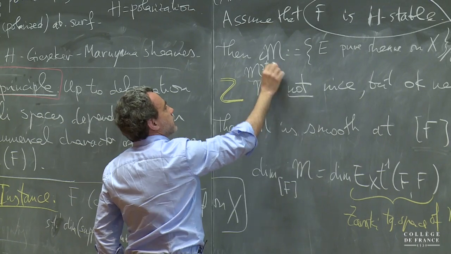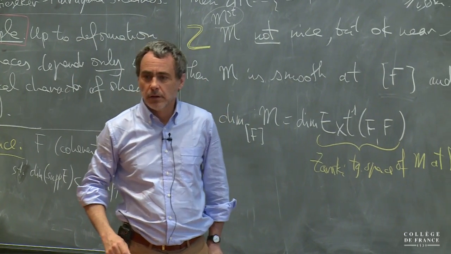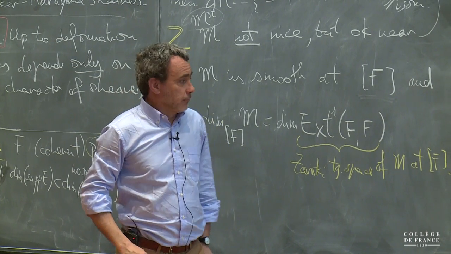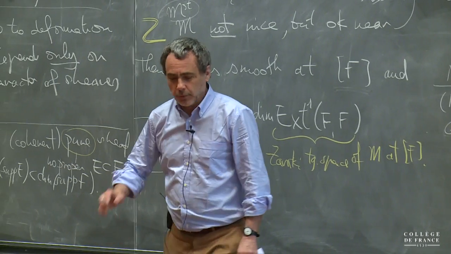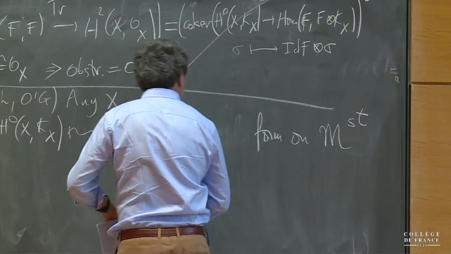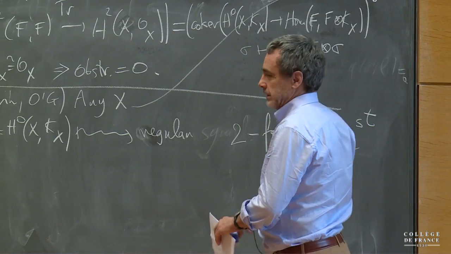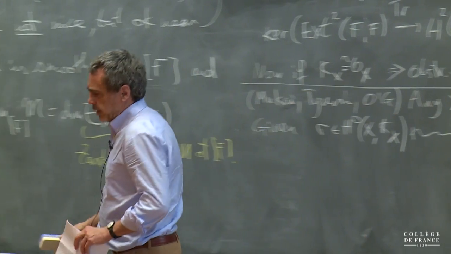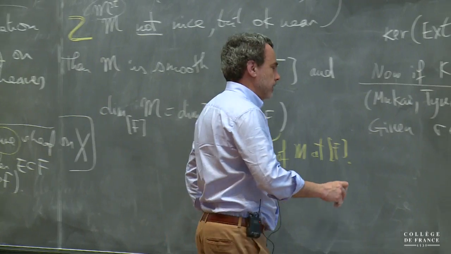So these are the stable, H-stable things, yes? Yeah, thanks, Claire. So we get a regular 2-form, yes, thanks. Since I insisted that X is any. Okay? So we get a regular 2-form, and it's defined like that.